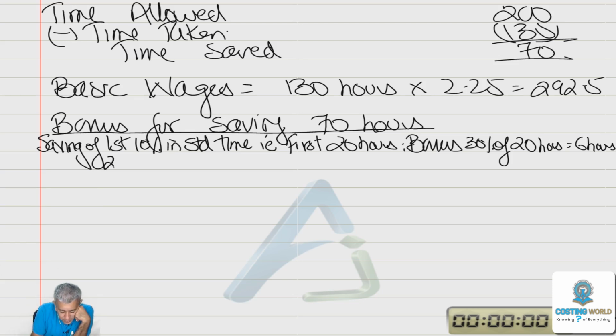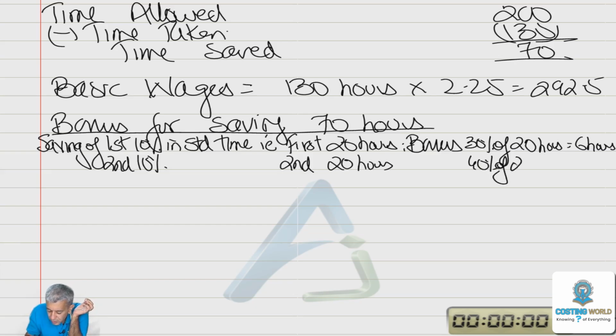Then second 10%. Tell me one thing, have you saved the second 20 hours? Yes, you have saved the second 20 hours also. So bonus will be 40% of 20 hours is equal to 8 hours.